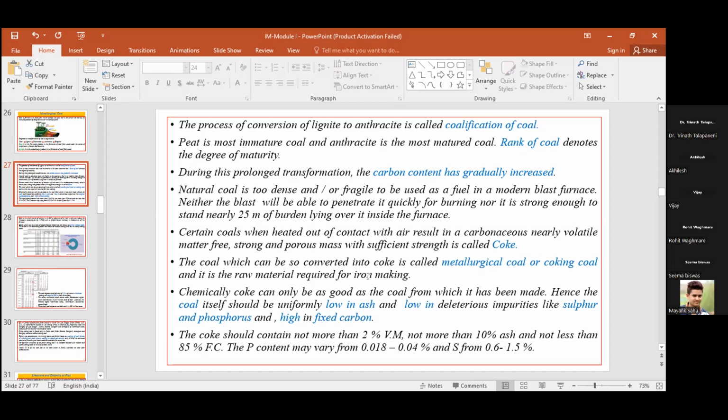A good metallurgical coal should have low ash content, and impurities such as sulfur and phosphorus should be in low quantity, and along with this it should have high FC, that is high fixed carbon.